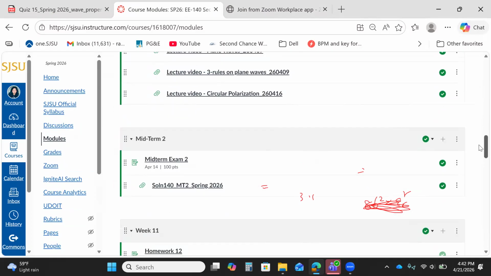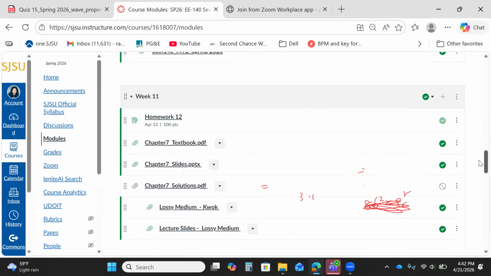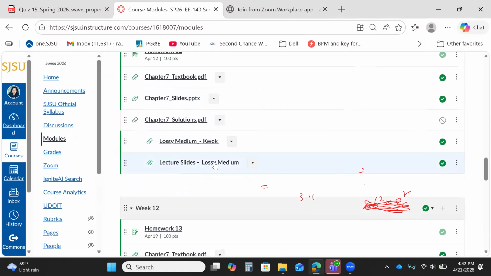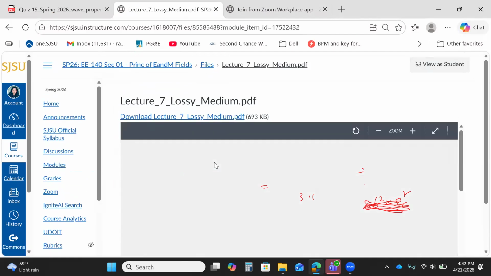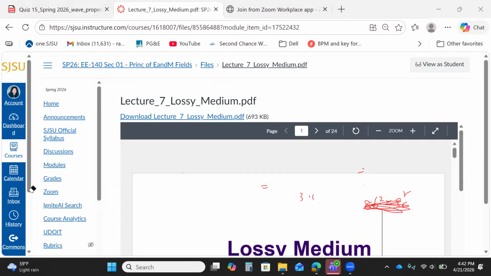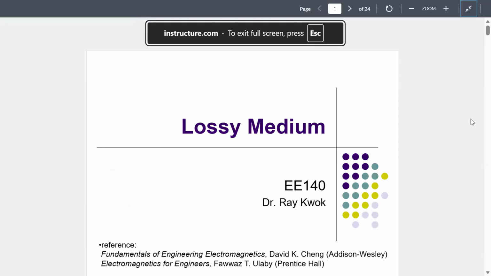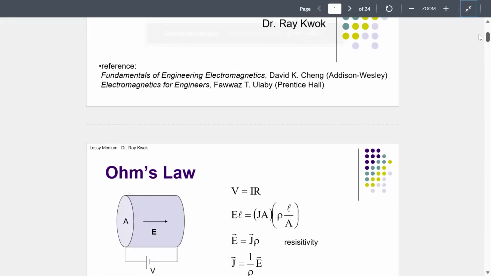So the next topic is adding a little bit of complexity to what we were doing, which is still in the same chapter in your book. I have a new section called Lossy Medium.